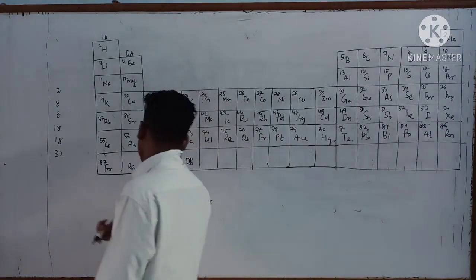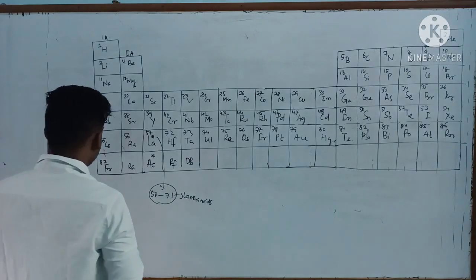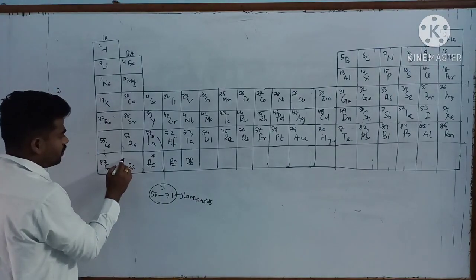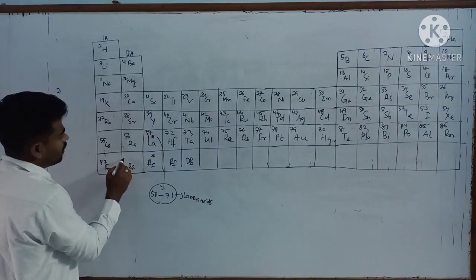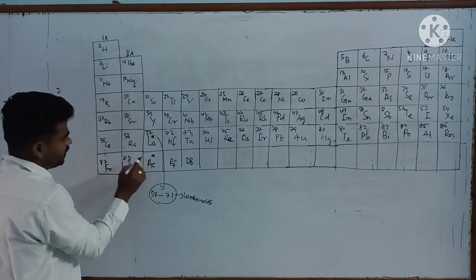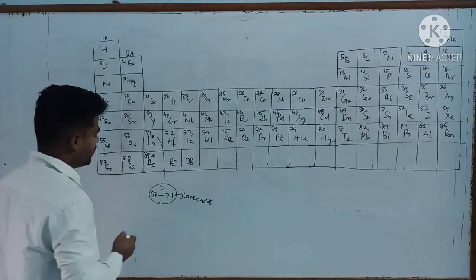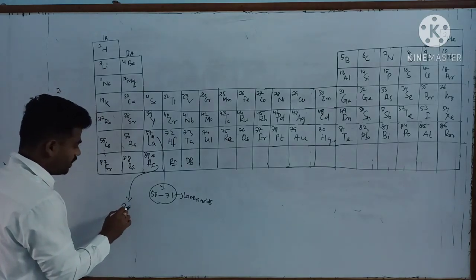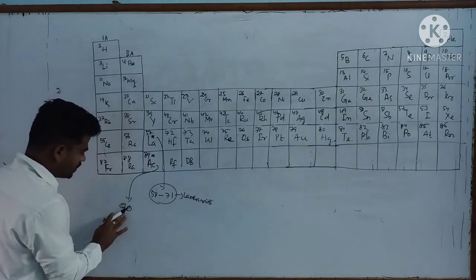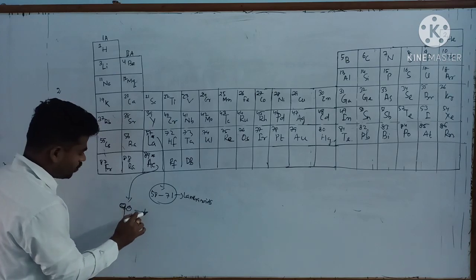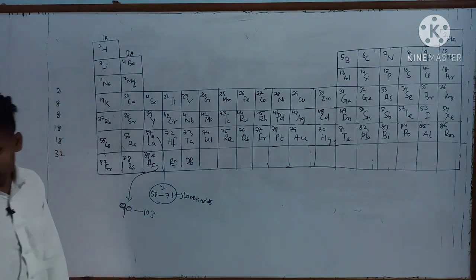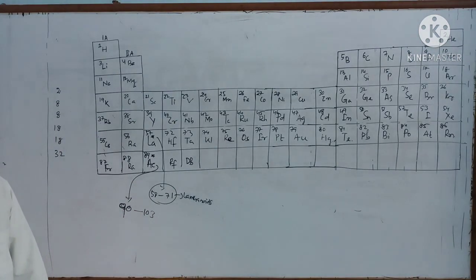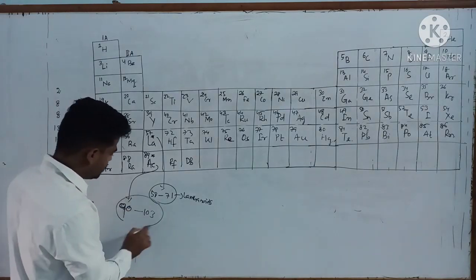Is that clear? So 87, this red one will be 88, and this actinium is 89. And from 90 to 103, the 14 elements, these are called actinoids.